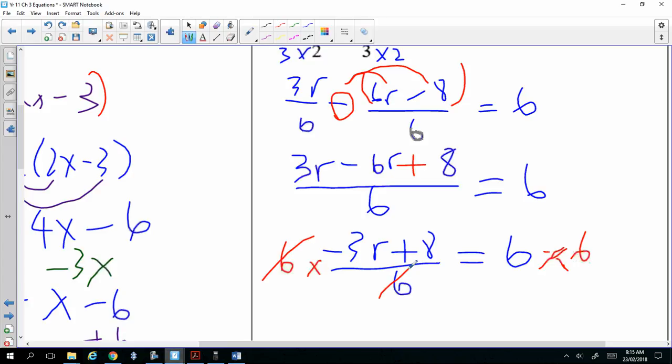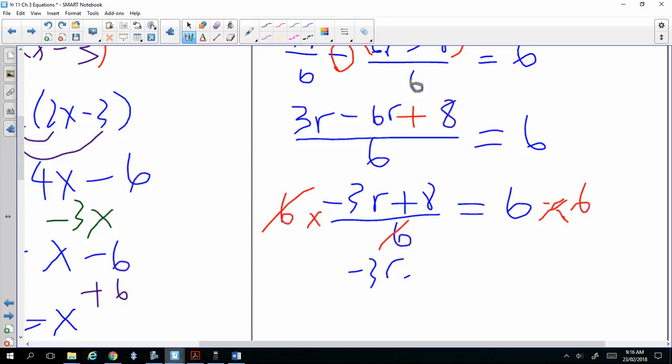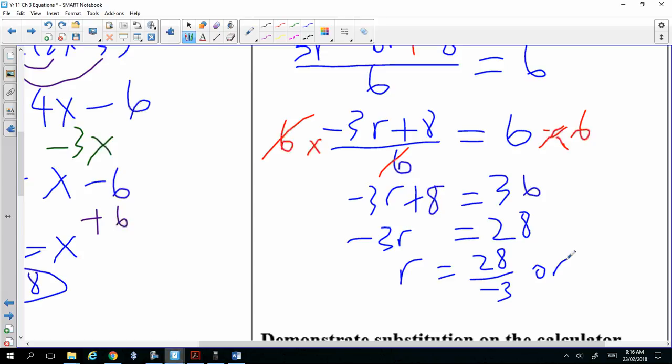So you get negative 3r plus 8 equal to 36. And then subtract both sides by 8, you get negative 3r equal to 28. r is 28 over negative 3. Or you can write it as a mixed fraction, which is equal to negative 9 and 1/3.